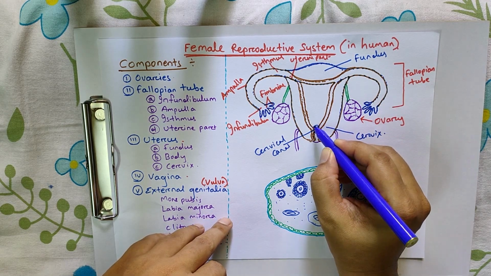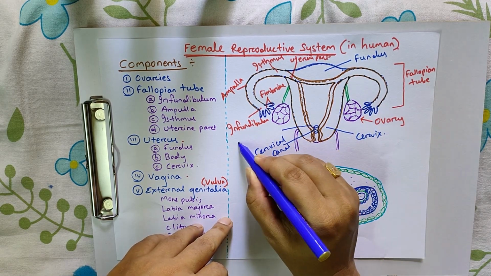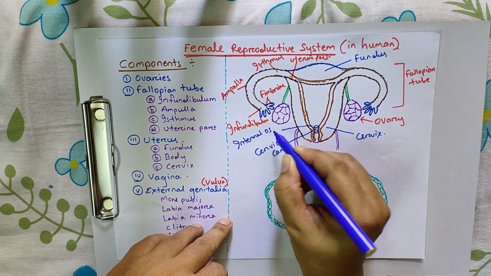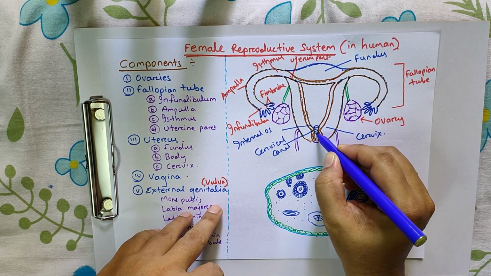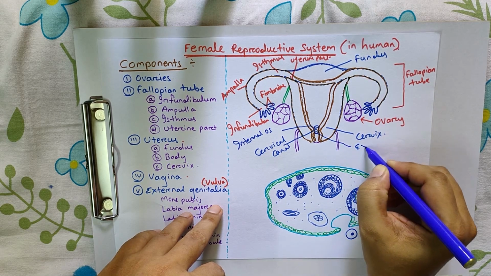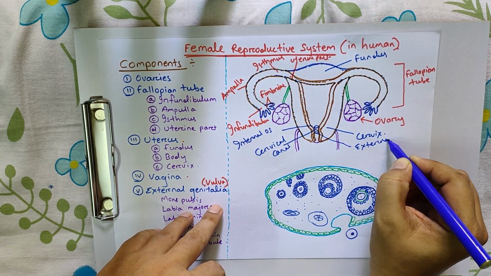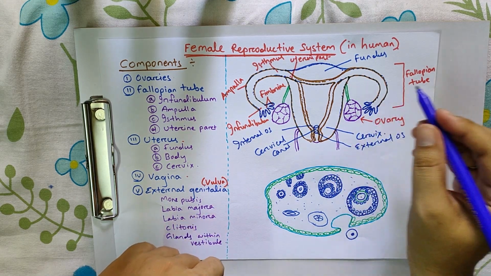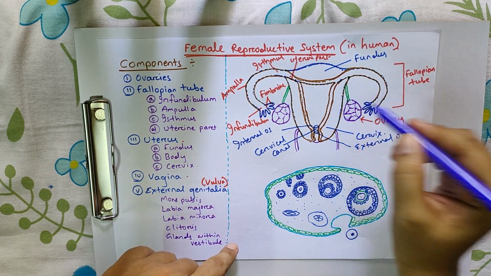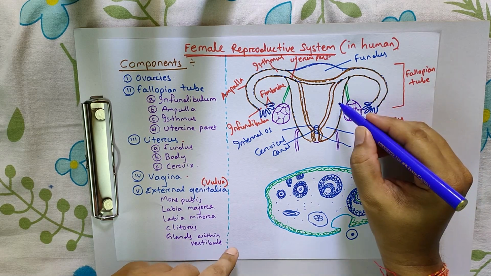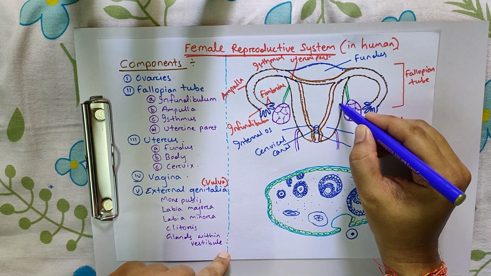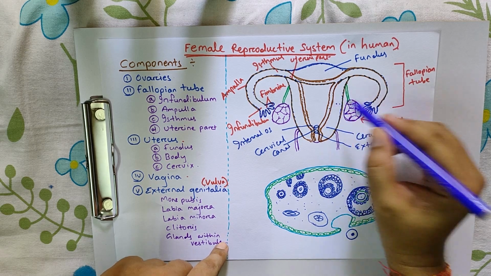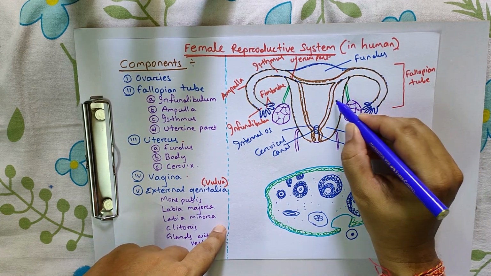This opening is called the internal os, and this opening is called the external os. The uterine wall has three layers: outer perimetrium, middle myometrium, and inner endometrium.